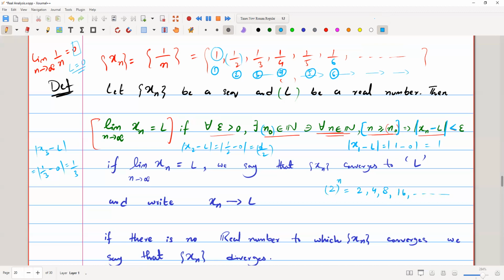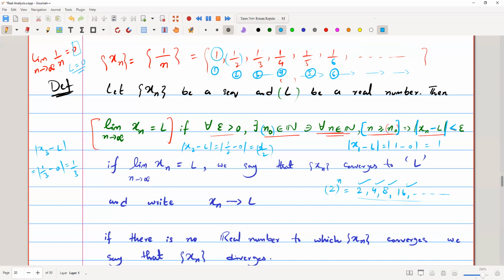Now, can I find a limit for this sequence? I cannot, because if I claim that some number is the limit of this sequence, and I find the distance of each point from that number, I can see that the distances will be bigger and bigger.